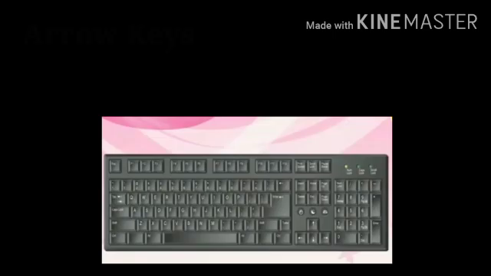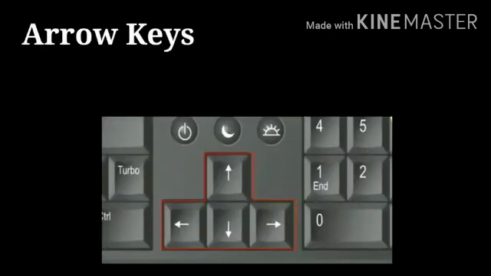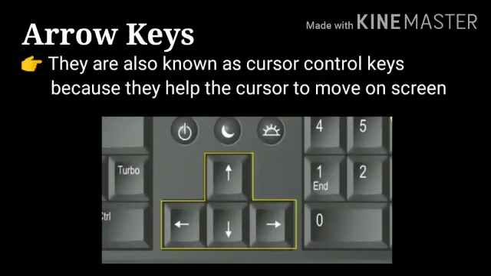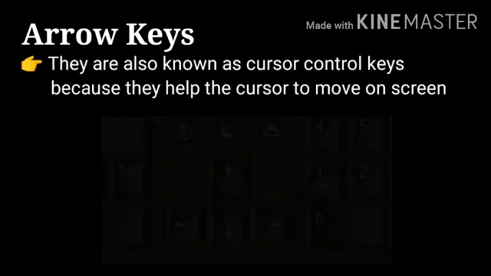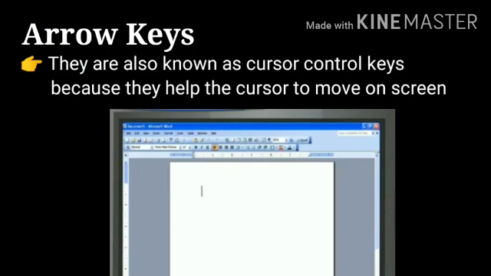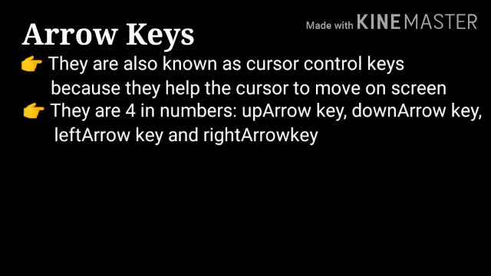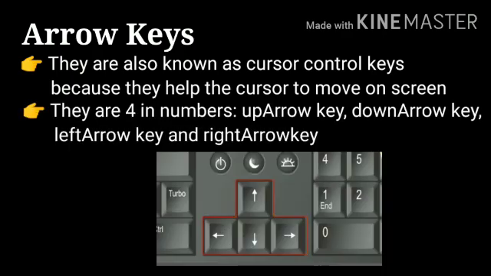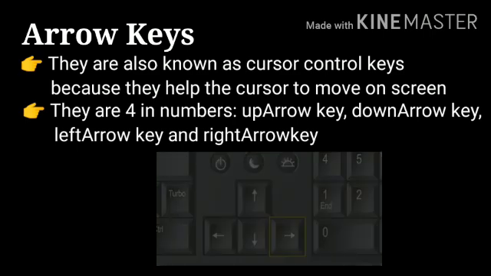Fourth special key is arrow keys. They are also known as cursor control keys because these keys help to move the cursor on the screen. They are 4 in number: up arrow key, down arrow key, left arrow key, right arrow key.